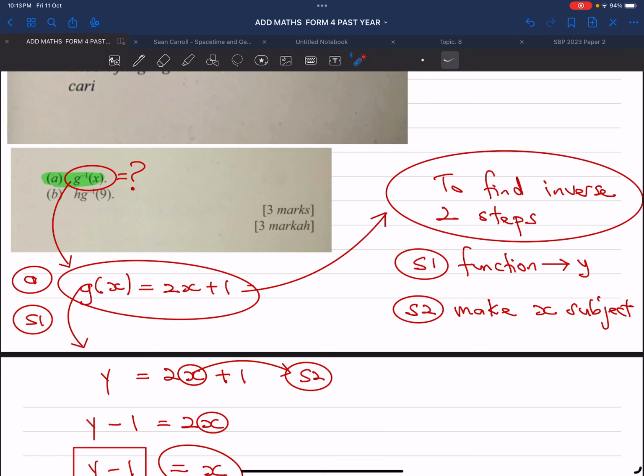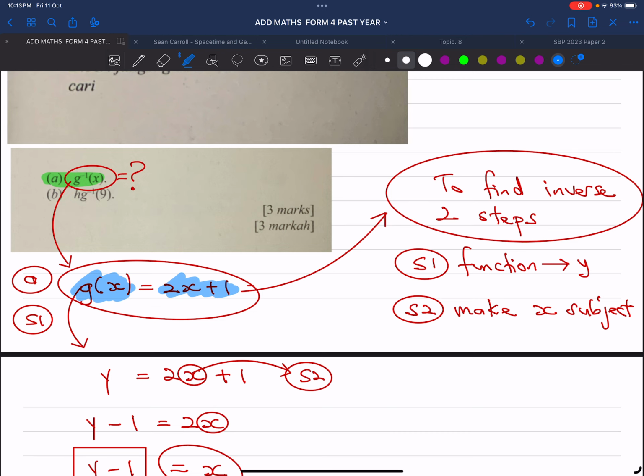To find g inverse, of course, I must use the function g, which is 2x plus 1.